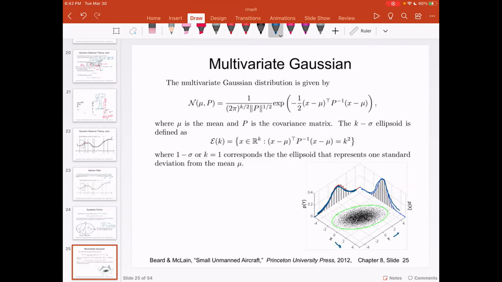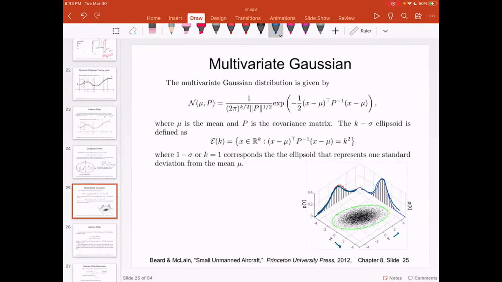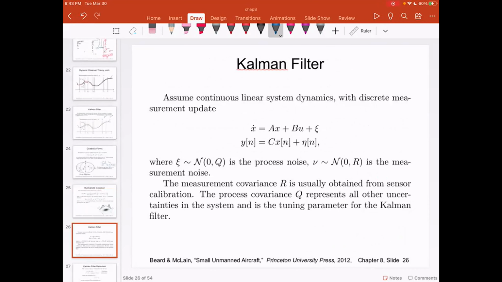Now, there is a lot of probability theory that is used in Kalman filtering, but I'm not going to go through the details. What I will do is send a link to the Kalman filter videos, and that will give you a very good understanding of the theory behind the Kalman filter. But here is what the Kalman filter would do.